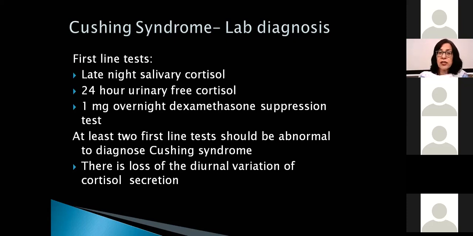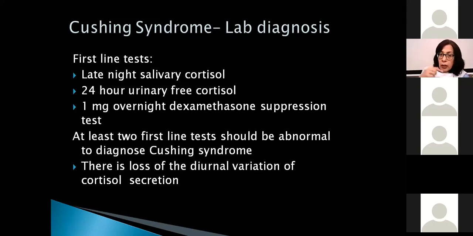These are three first line tests for cortisol. You can take the 24-hour urine sample and test it for cortisol, or you do a 1 milligram overnight dexamethasone suppression test. This is in the books. These are the three important primary first line tests for cortisol. You give the patient 1 milligram dexamethasone, a steroid tablet given at night, which is supposed to suppress the cortisol.